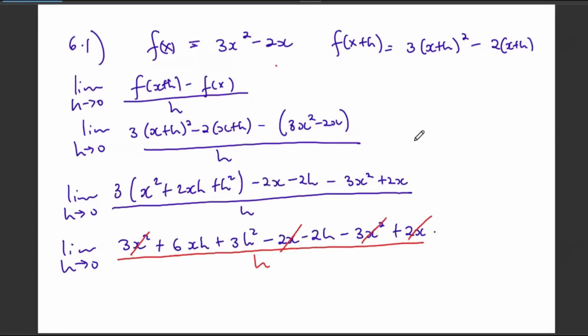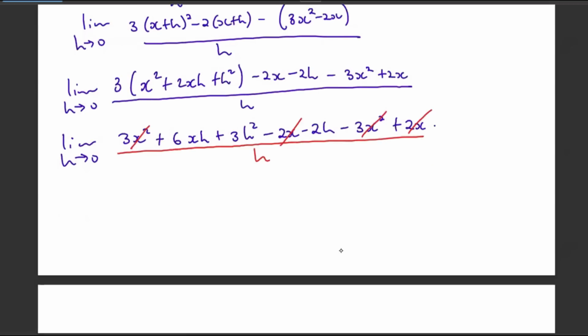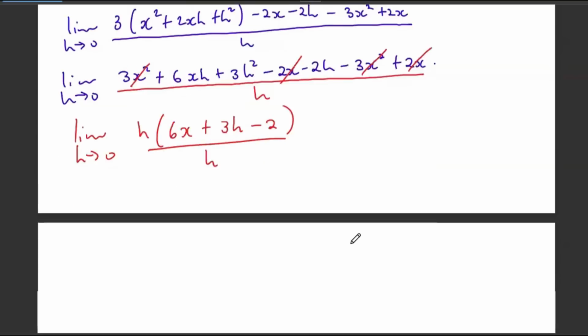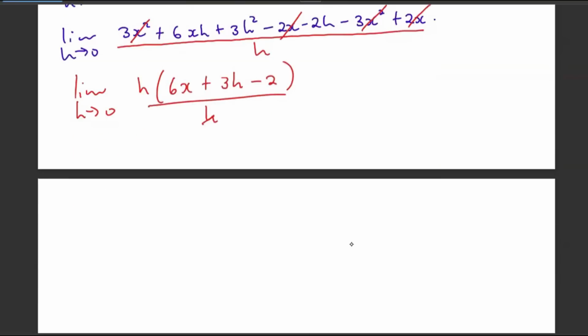Our next step is to factorize out the h. If h comes out, we have a 6x, a 3h, and a minus 2, over h. So this h cancels that. Then we replace h with 0, meaning we have 6x plus 3 times 0 minus 2, so our derivative is just 6x minus 2.